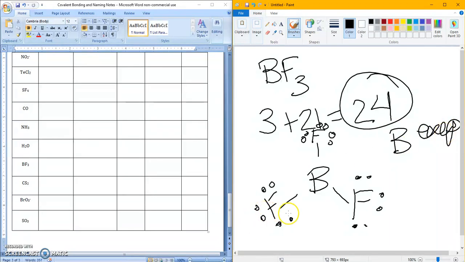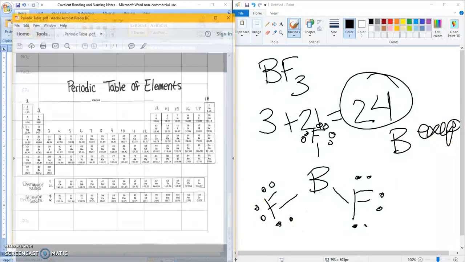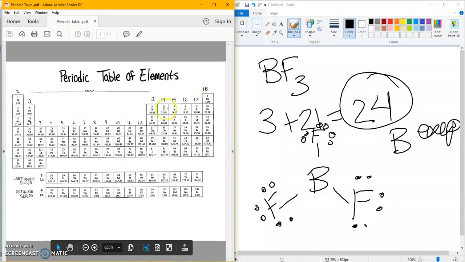Okay? If we look at our periodic table, remember that boron is really small, so he's actually okay with only having 6 electrons. Anything smaller than phosphorus is pretty okay with only having 6 electrons. Anything bigger than phosphorus, like sulfur, can have more than 8 electrons on them.